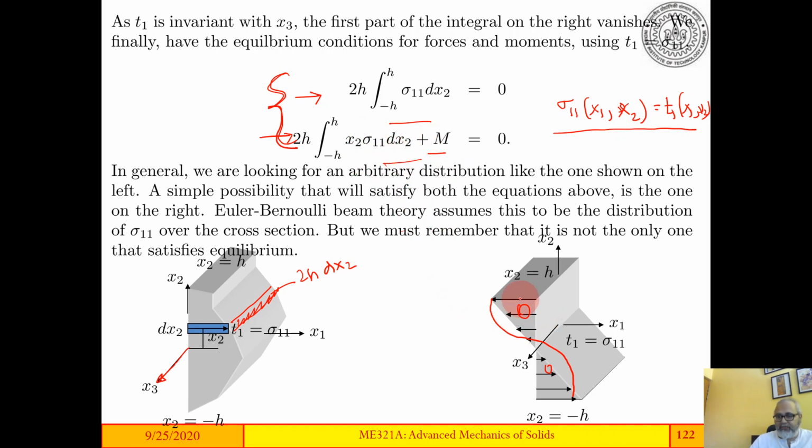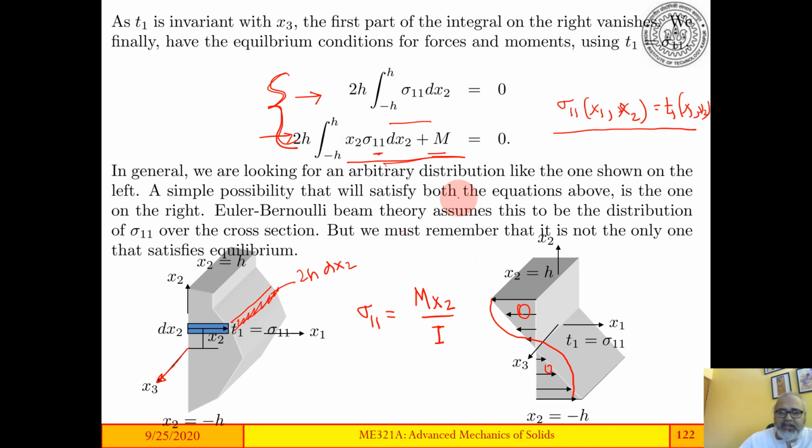The moment of this part and this part both add up, so the total moment is equal to m. So from this we can find out sigma 1, 1, which you know from your Euler-Bernoulli beam theory, sigma 1, 1 would come out as m x2 by I. I is the moment of inertia of the cross section. So this is what sigma 1, 1 will come out to be from this equation.